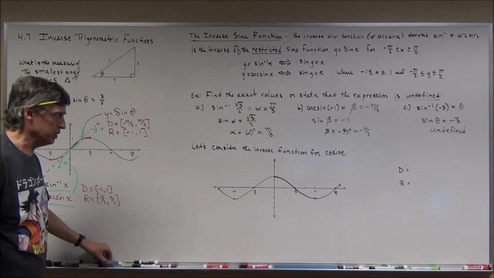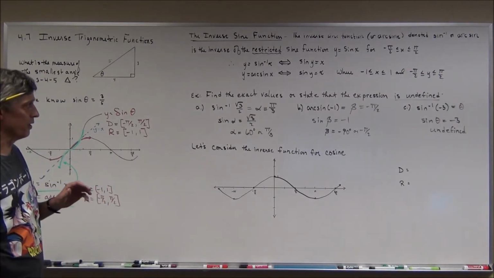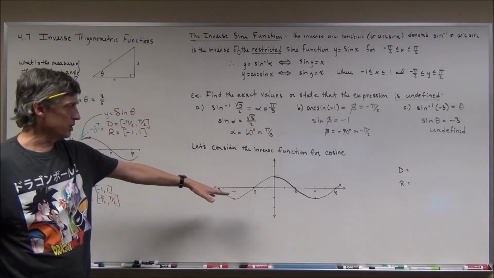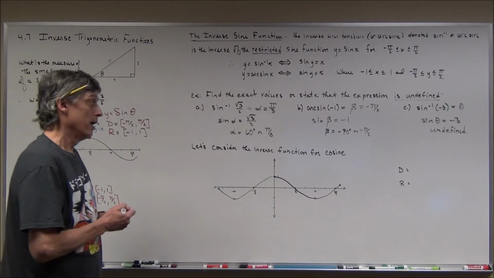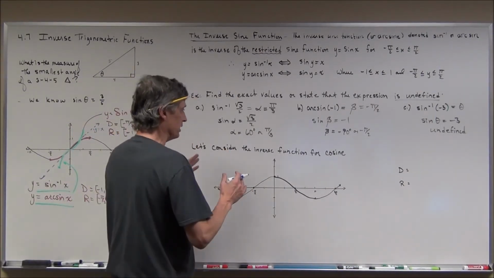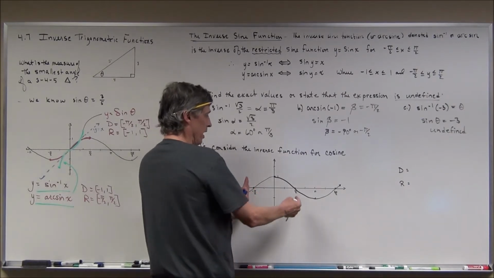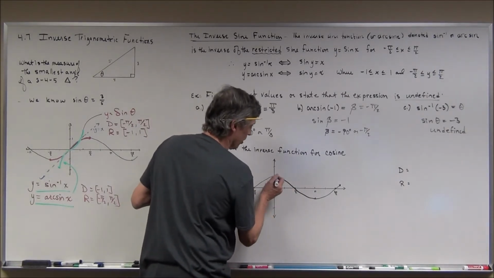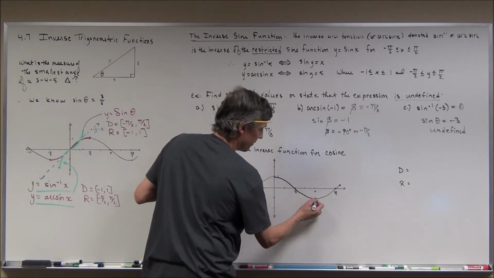Now I'm going to at least show you the graph here for cosine. This is the parent graph for cosine, and you can tell it's not 1 to 1. But again, if I restrict the domain, in this case, not between negative pi over 2 and pi over 2, because it's all positive there, I would go from 0 to pi.